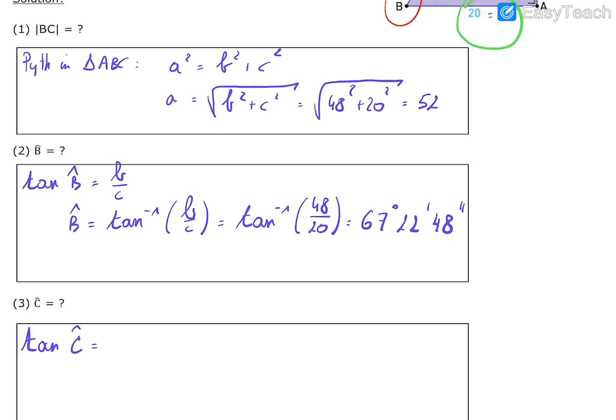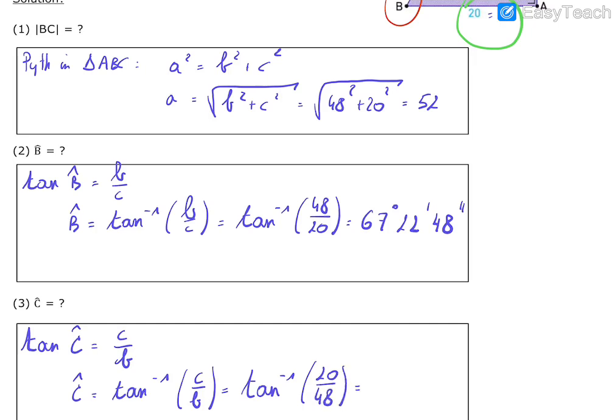So opposite is C and adjacent is B. So to calculate C, I'm going to invert the tangent of C divided by B, or inverted tangent of 20 divided by 48. And then we have 22 degrees, 37 minutes, and 12 seconds.